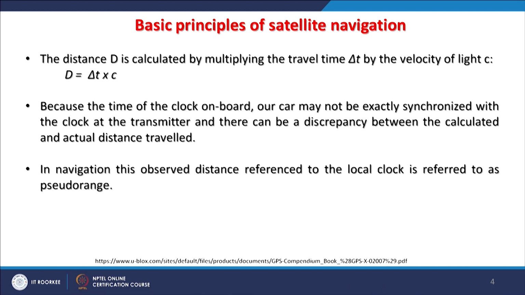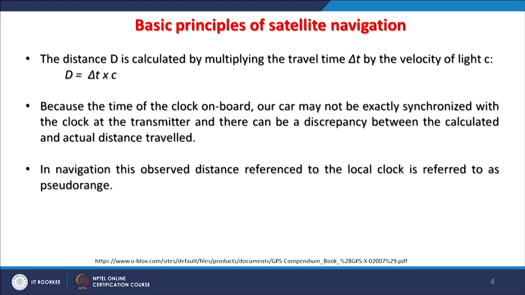We will also encounter this similar situation in satellite-based navigation, but for the time being we focus on the fact that the observed distance with reference to the local clock is referred to as pseudo range. This is not a true range or true distance, because the synchronization is not perfect between the two clocks, and therefore rather than getting a true range, one gets the pseudo range.